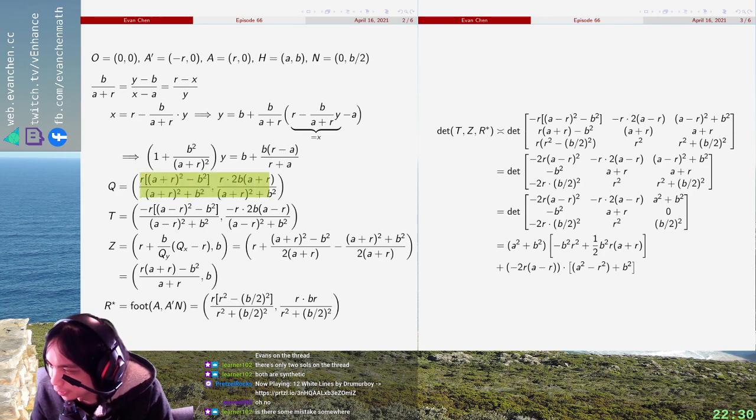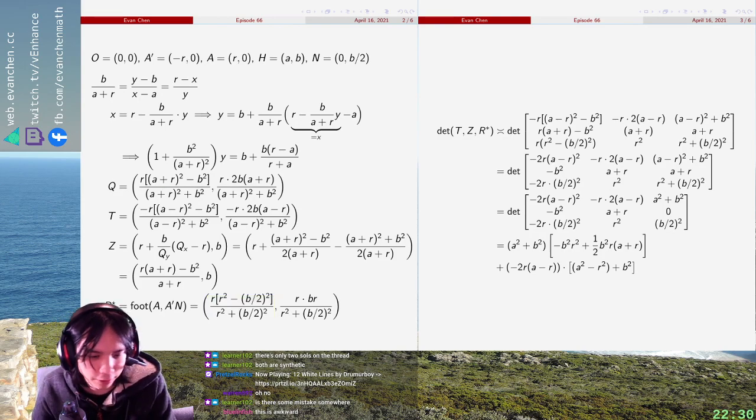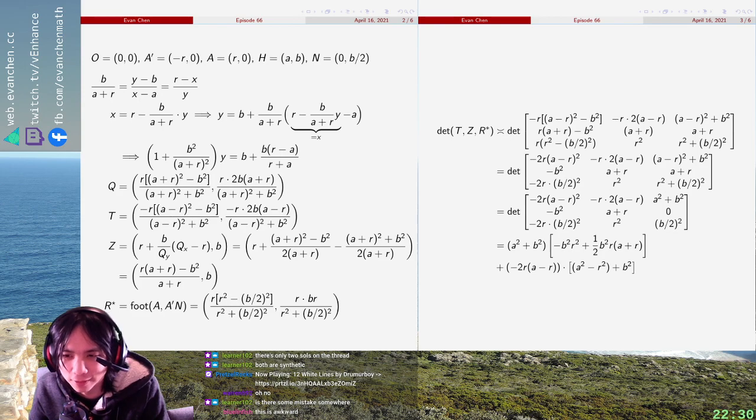So this formula is correct because it lies on the unit circle. So you can confirm this one's definitely fine. This one is I plugged in a equals 0 everywhere into the formula for Q, and replace all the b's with b over 2, so that should be okay.